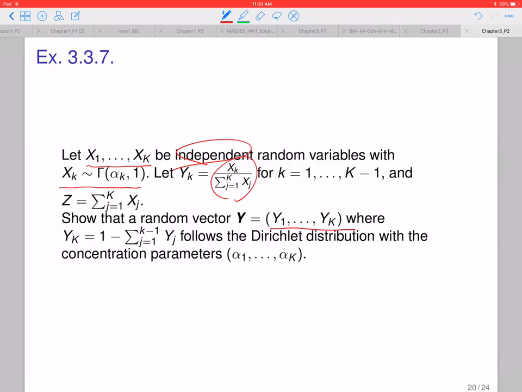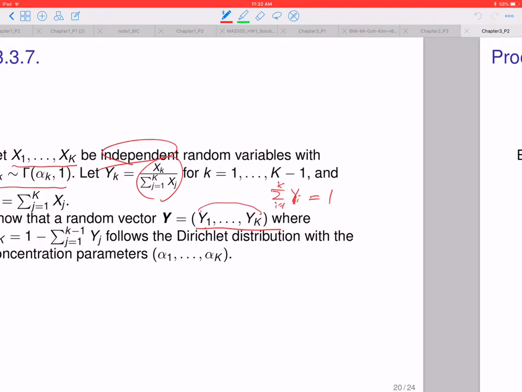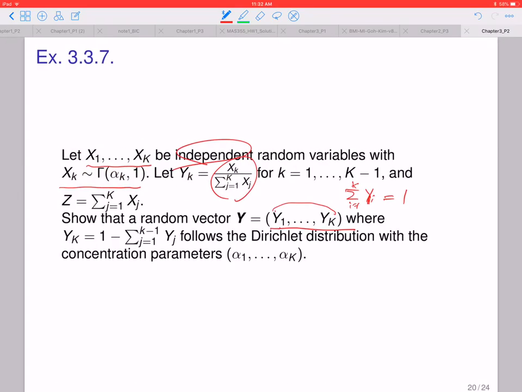So they are correlated, and one interesting part is that the sum of these, i equal to 1 to k, is equal to 1 because of the definition. So this is the Dirichlet distribution, and the PDF.